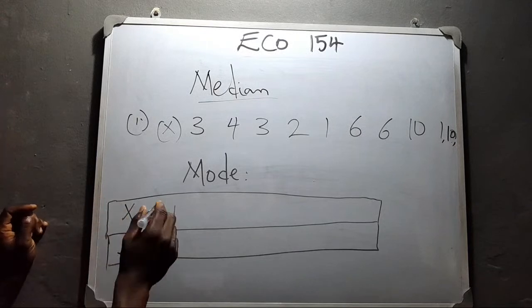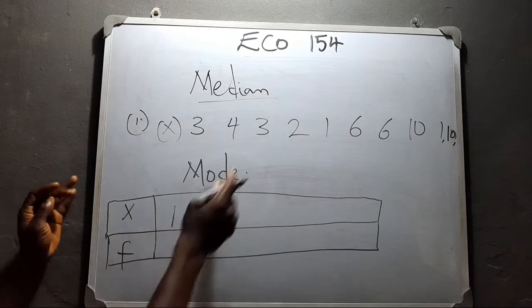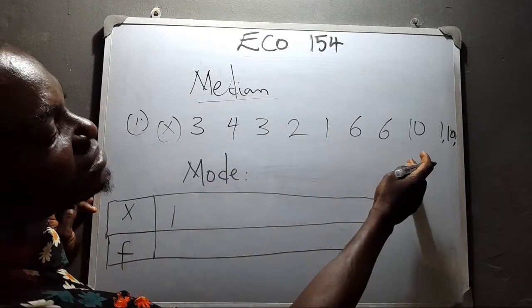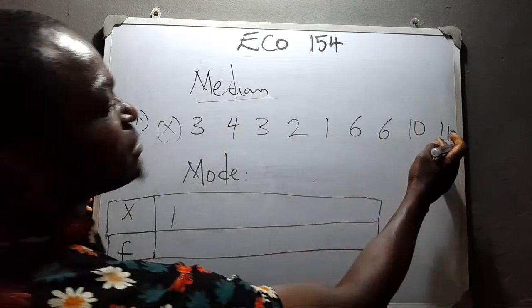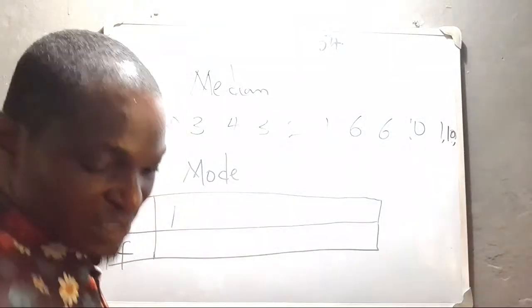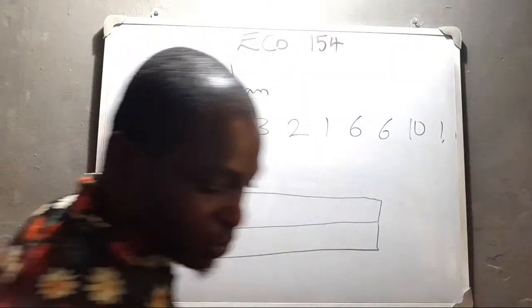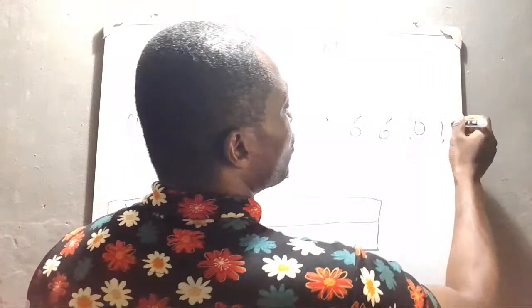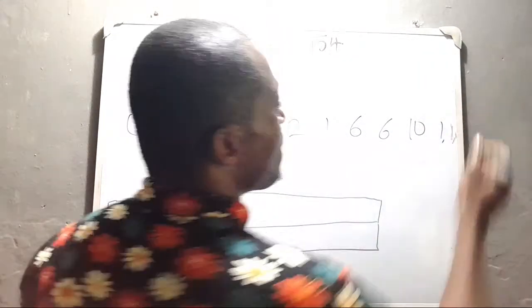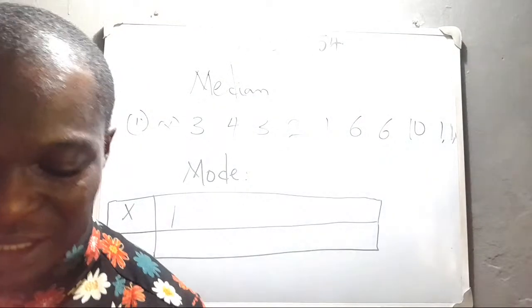So now we have 1, and we have 1 how many times? Let me just make a little change to the distribution. We have 1 also here, which simply means we have 1 in 3 places.